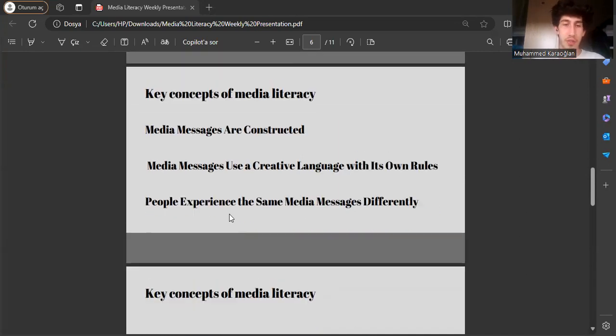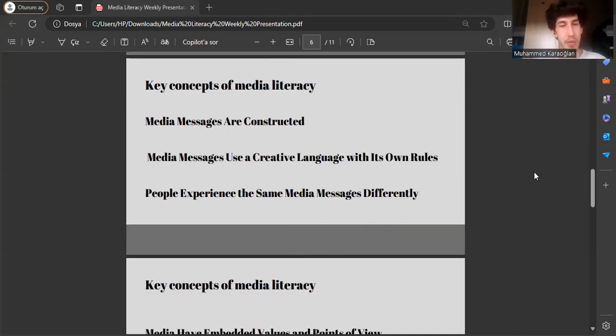The third key point is that people experience the same media messages differently. Interpretation of media messages varies based on individual factors such as prior exposure, knowledge, and personal experiences.